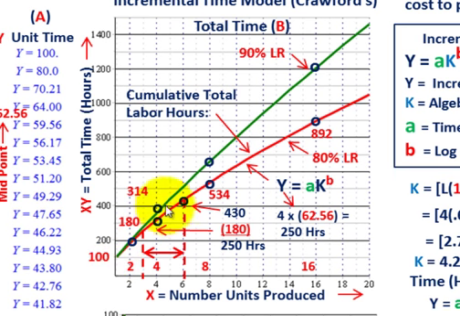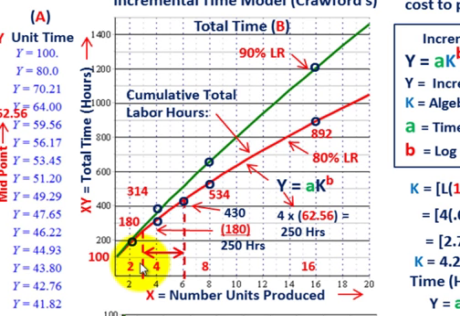But as we gained experience, we have less time on a per unit basis. So if we look at our graph, our x-axis is the number of units produced, and then our total time, those are our total hours we're dealing with.